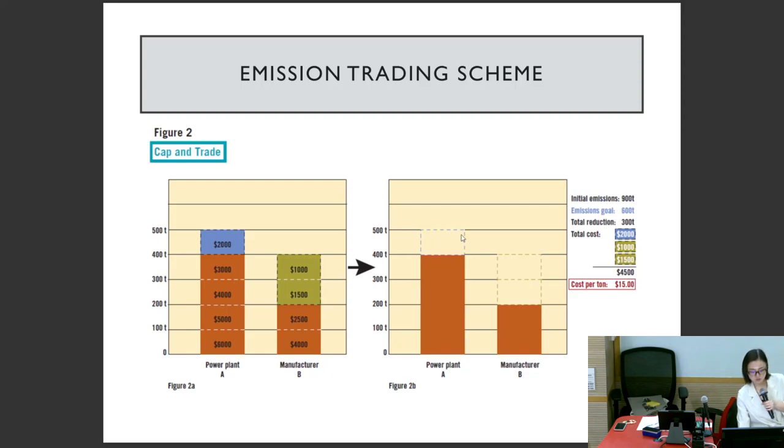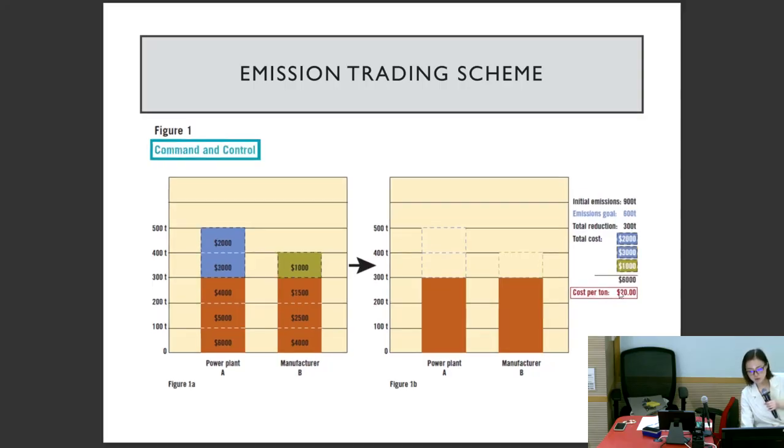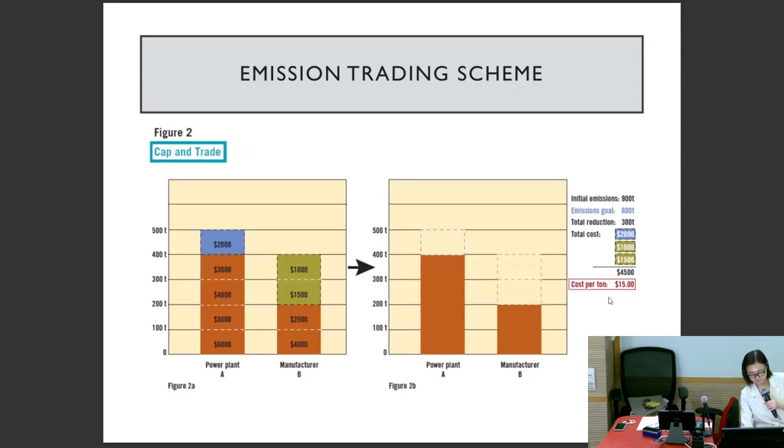So here, 2,000, and then for manufacturer B, 1,000 plus 1,500. So the total cost is only 4,500. So the cheapest technology will be utilized first, such that the total cost of carbon reduction in the whole society will be cheaper. So in this case, $15 per ton of reduction, and earlier, $20 per ton.